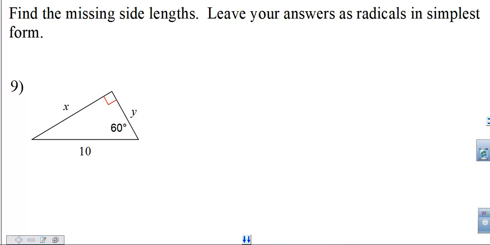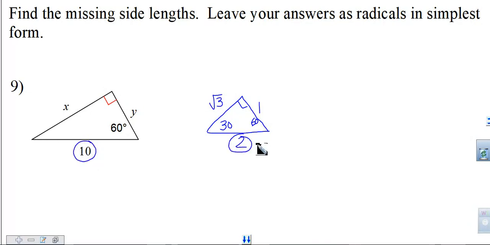Now let's look at 2 examples where you're given the hypotenuse. Again, let's sketch out our triangle so we can see where we are and where we're headed. So, put the 1 across from the 30, the 2 across from the hypotenuse, and the square root of 3 across from the 60. They've given me the hypotenuse.